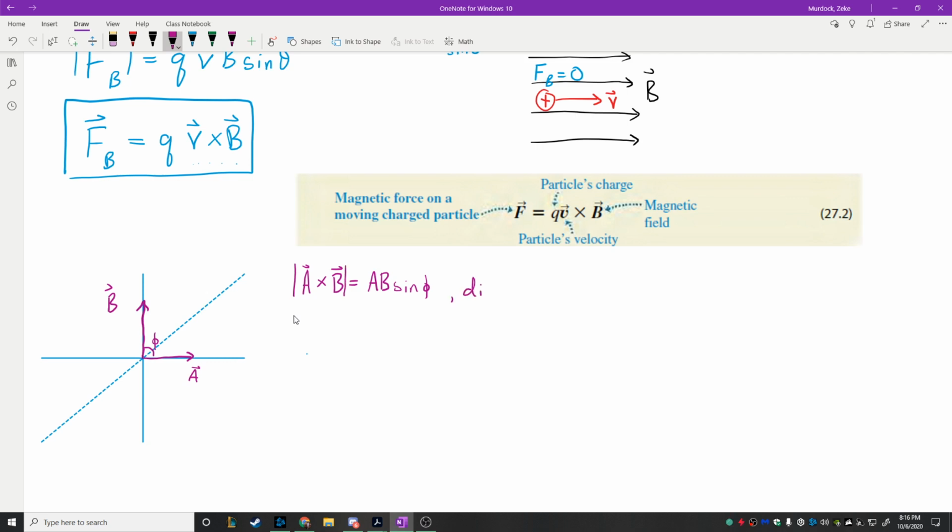There's a direction associated with the cross product, because what the cross product does is it takes two vectors, and when you multiply them, it outputs a third vector. And in this case, the direction is given by what's known as the right-hand rule. It's defined that way because it's related to your right hand.